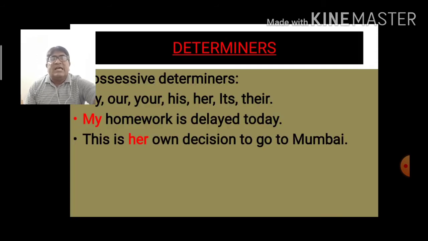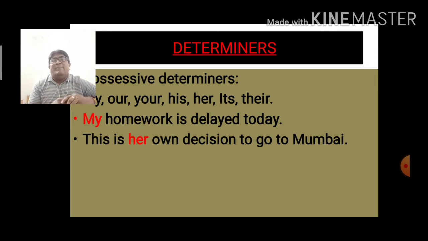The next is our possessive determiners. These possessive determiners are very important to set the statements and even very important to understand the statement. For example, my, our, your, his, her, its, and their. These are all called possessive determiners, and all of them can be used before a noun according to the subject.